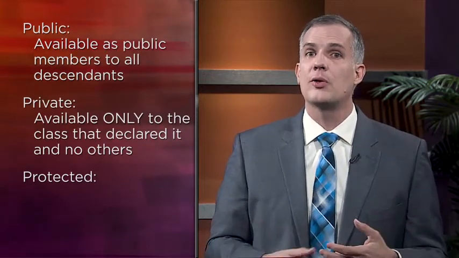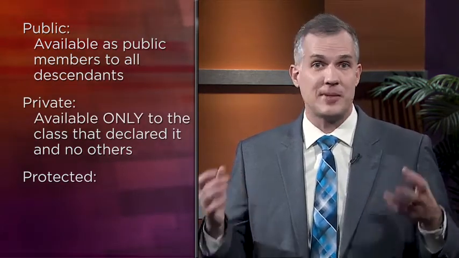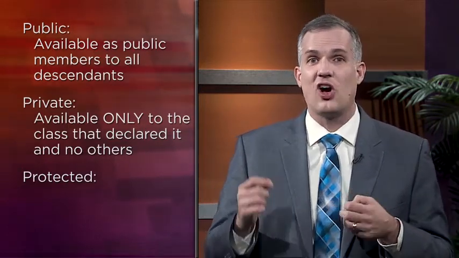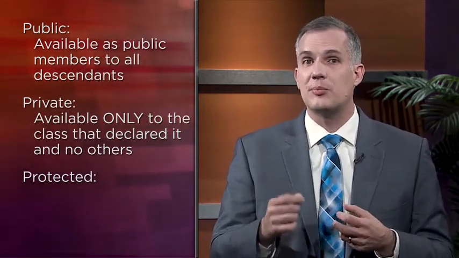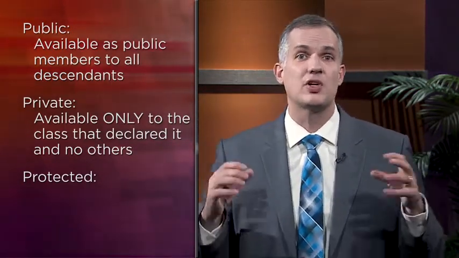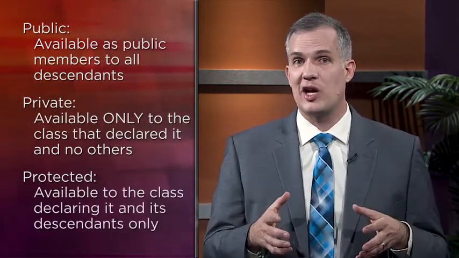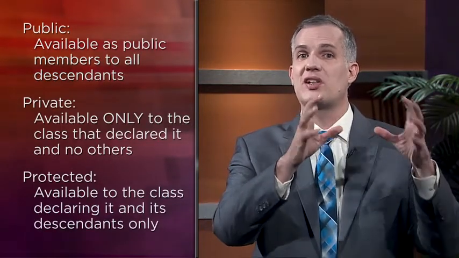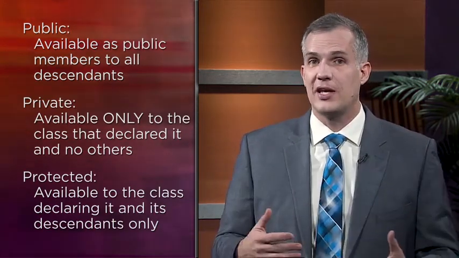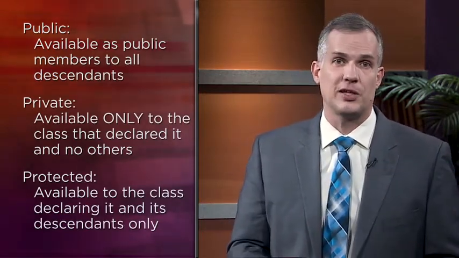So, although the descendants still inherit those variables and those functions, that is, they still allocate space for those member variables, and they can have values stored there, they can't actually call the private functions or read the private variables defined in an ancestor. And this is why we have the protected category, which falls in between public and private. Protected member properties are accessible to the class that they're declared in and to the descendants, but nothing outside. In effect, this is like a private member property for everything following in the inheritance tree.